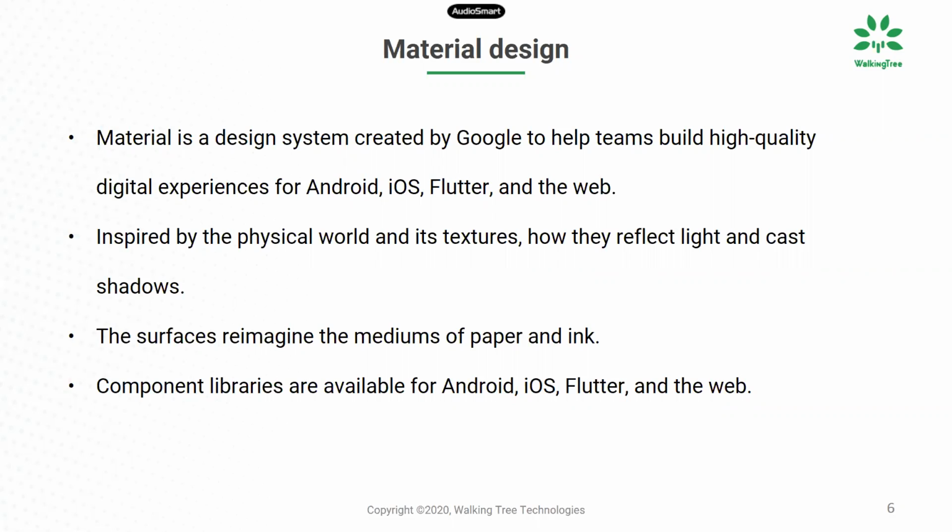And the material design has component libraries available for the different device technologies, be it Android, iOS, the native or Flutter, and the web technologies like React, Angular. So material is a commonly used and highly standardized design system.